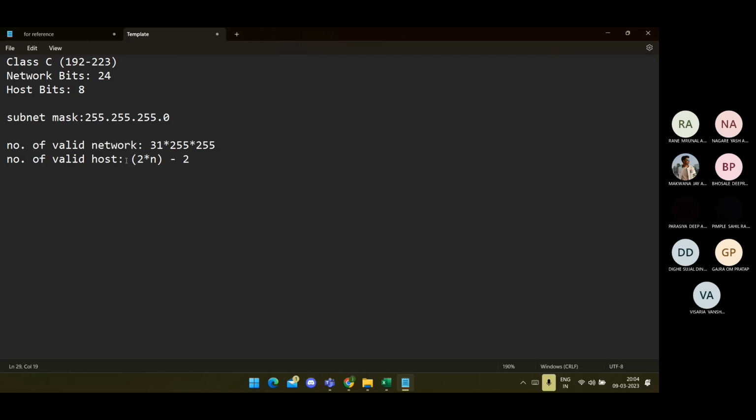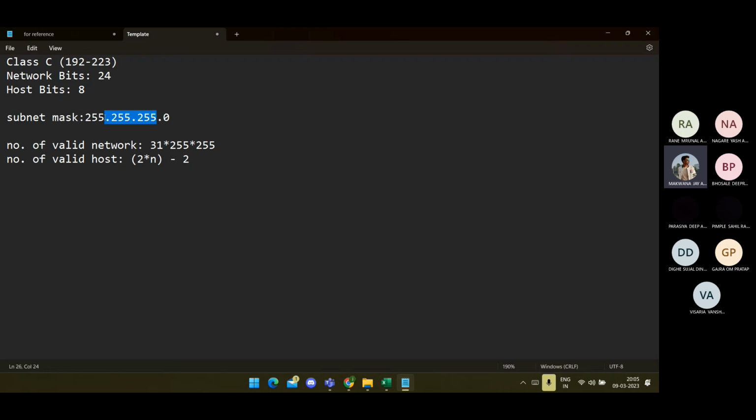What is the n over here? What will be the value of n? Number of networks, 31, I guess. No, no. N will be the number of host bits because we are calculating hosts. For calculating networks, we consider the network bits.